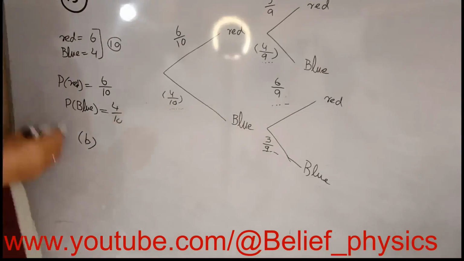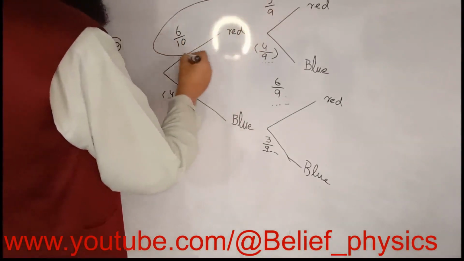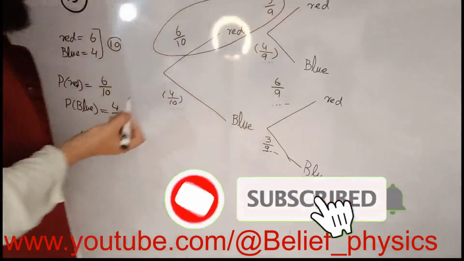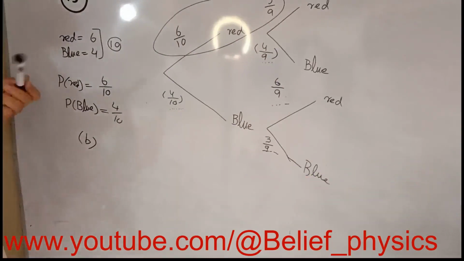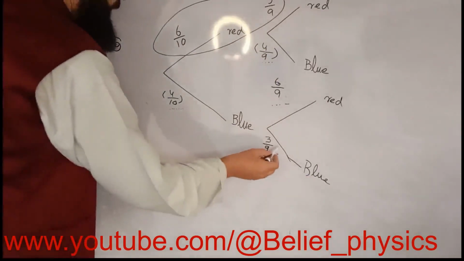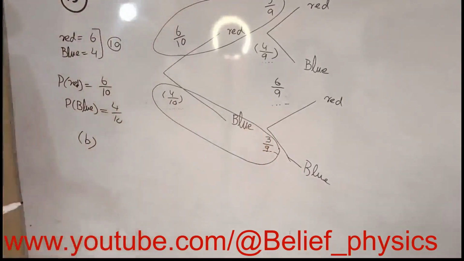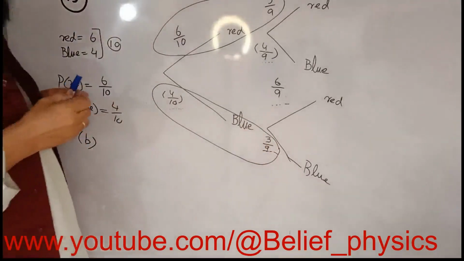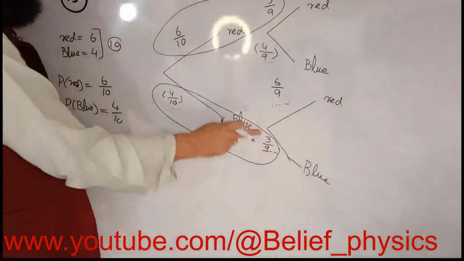Both are red, same color, or he has not mentioned the color. He has asked us to find the probability of drawing both counters of the same color. Again this same color, so it can be red or blue.